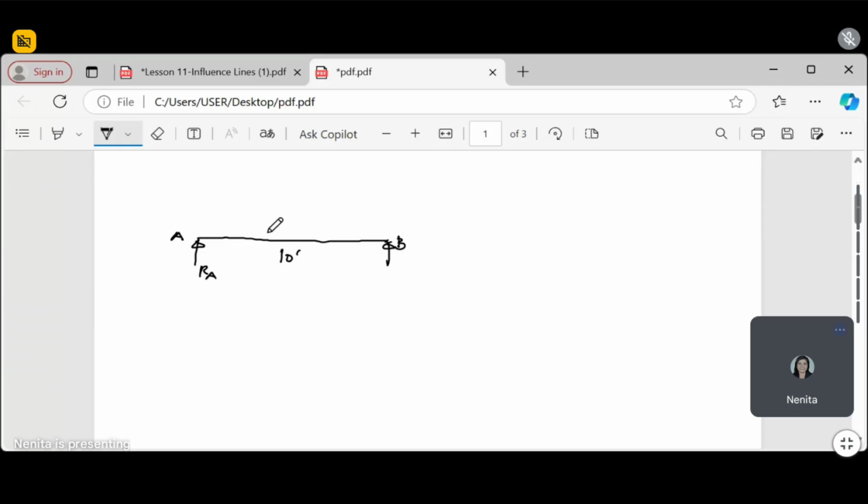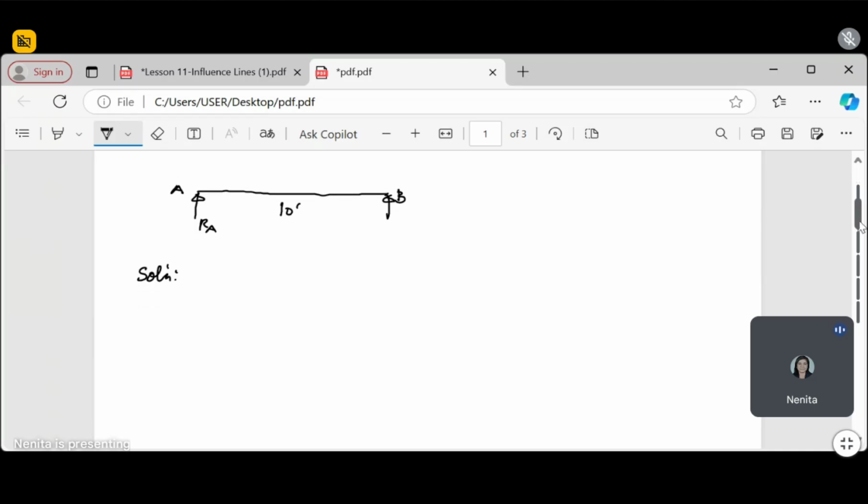Okay, class, for the solution, we will establish an equation so that we can create a table. Our target is the IL for R sub A. Our beam of 10 feet has no load on it, because what will pass over it is moving, like a bridge. So what you do is place a 1 unit load.